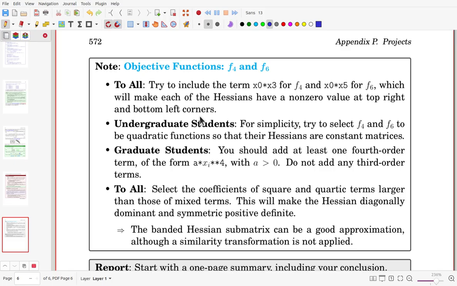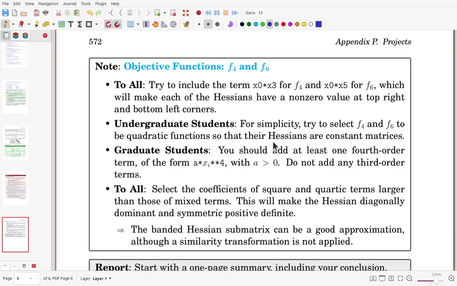Okay. Now for undergraduate students, you may select the two functions f4 and f6 to be quadratic, so that the Hessians are constant matrices, not depending on the variables.